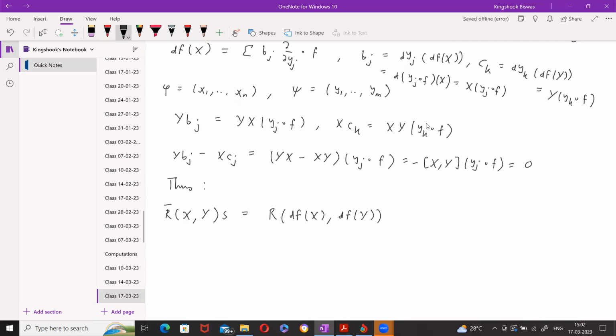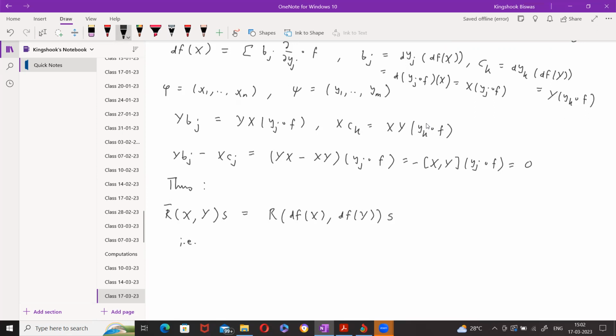So that takes in tangent vectors in N, right? Which are df_x, df_y, and acts on the section. I mean, what this means is, let me write it properly.